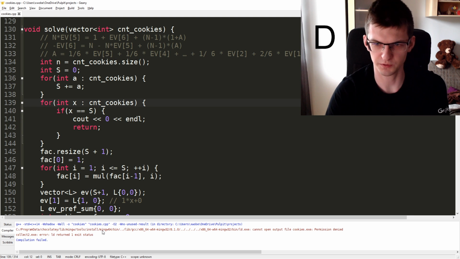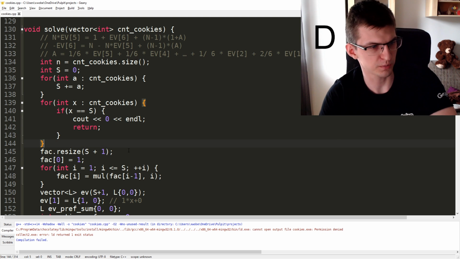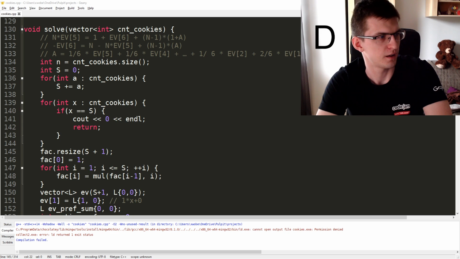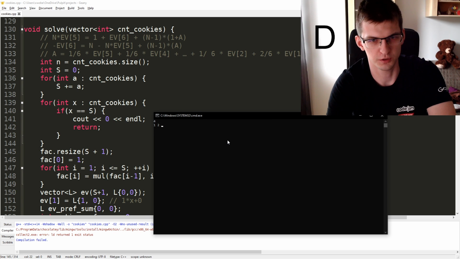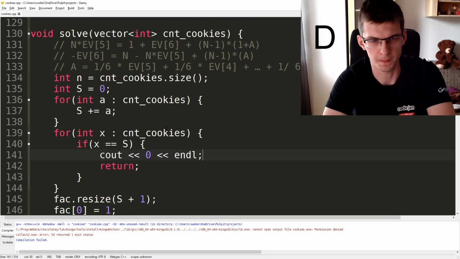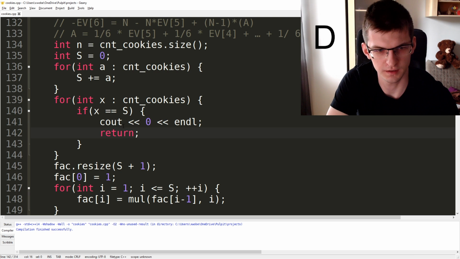Cannot open output file cookies exe. Permission denied. Who hacked my computer? Perfect job, Errichto. Keep going. Thank you, thank you. Don't you eat? Do you eat every 3 hours? Why can't I compile? I can now.